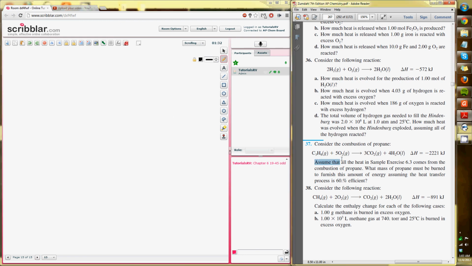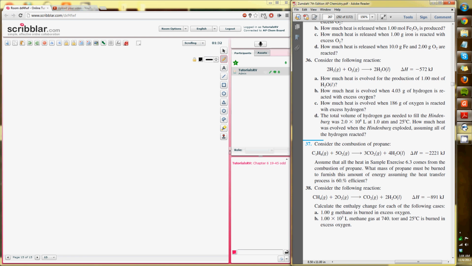Assume that all heat in sample exercise 6.3 comes from combustion of propane. What mass of propane must be burned to furnish this amount of energy? I'm assuming the heat transfer process is 60% efficient. Okay, so this is actually a very easy problem too.